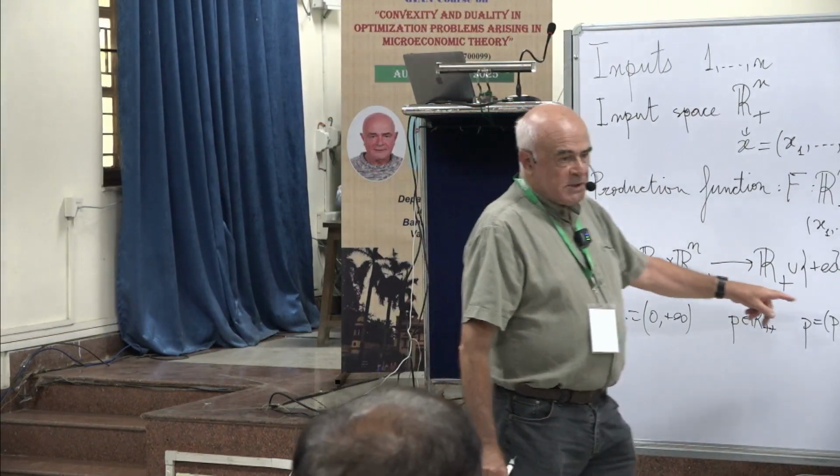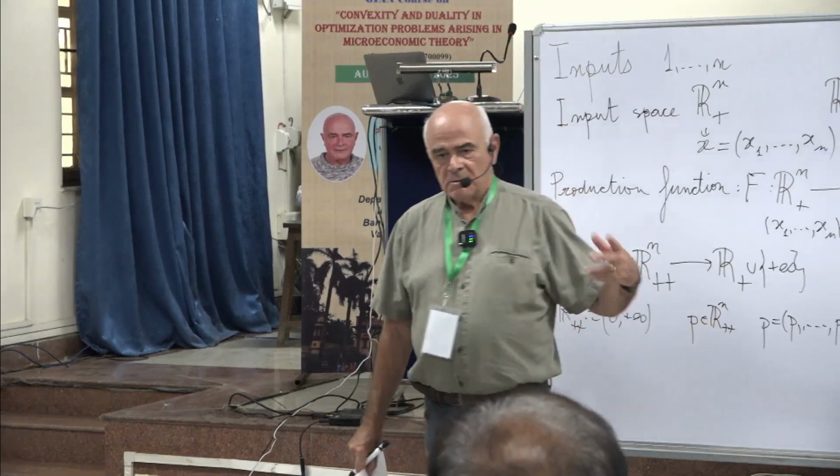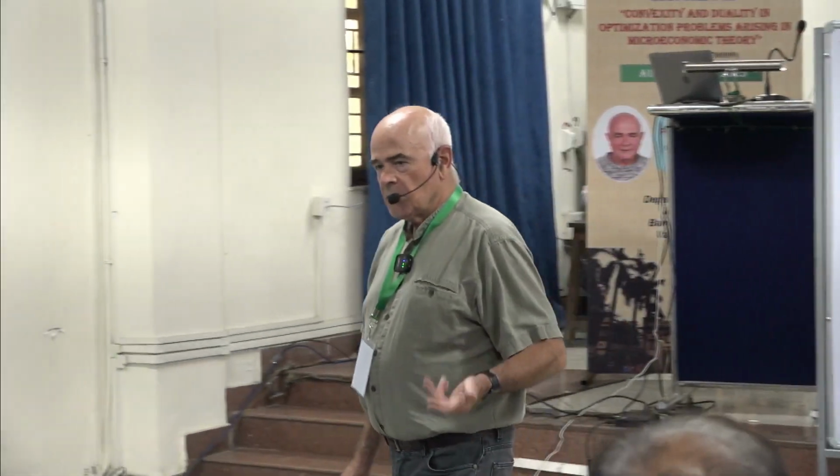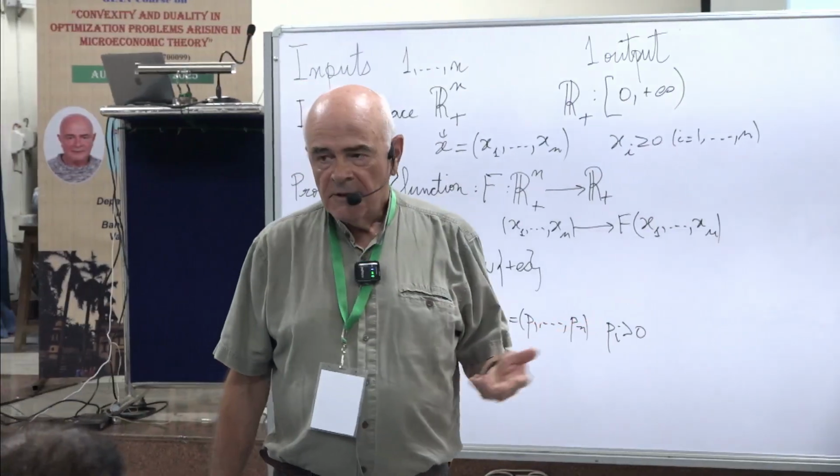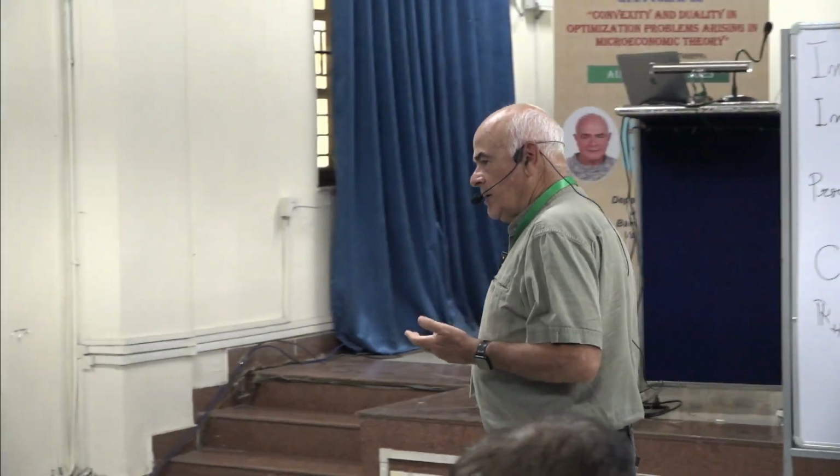P1 is the price of input 1. P2 is the price of input 2, etc. And the producer is behaving competitively, which means that he or she is taking the prices as given.